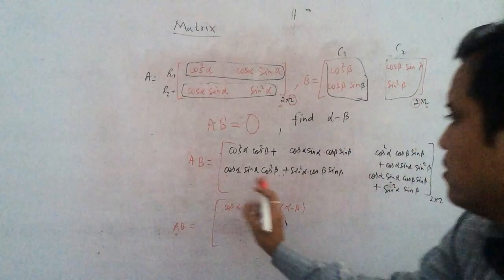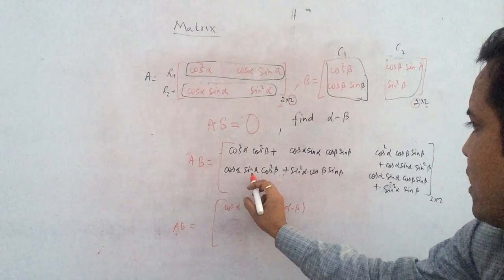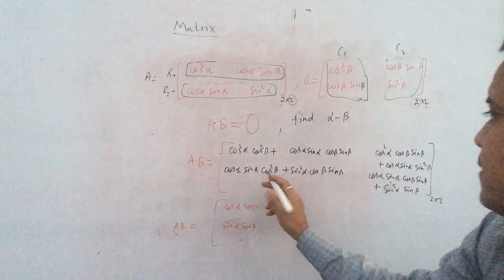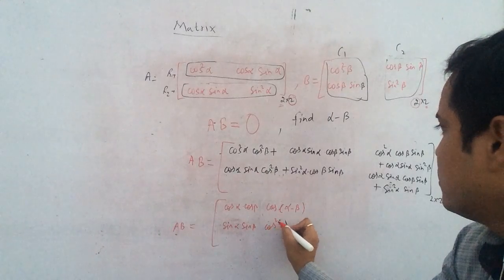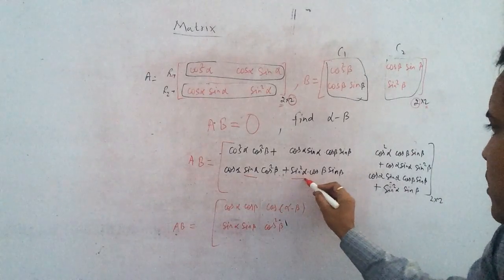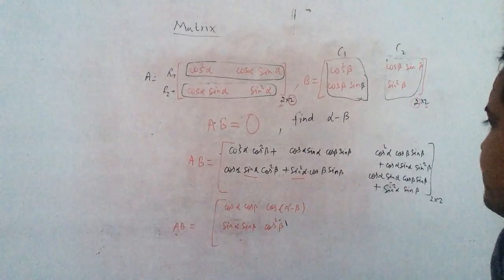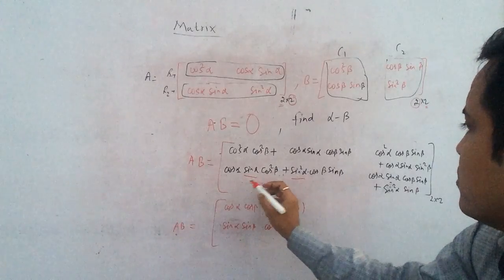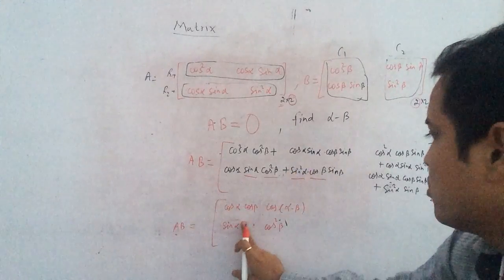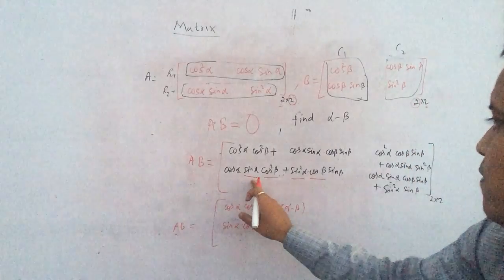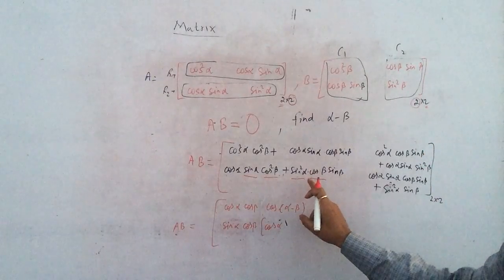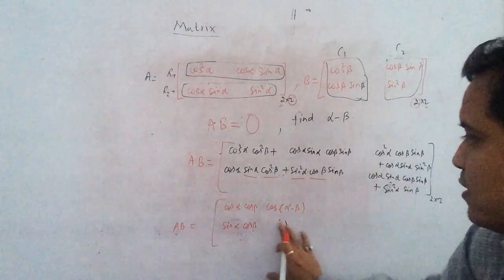Similarly, when you take common sin alpha and cos beta, you would get cos alpha cos beta plus sin alpha sin beta, cos A cos B plus sin A sin B, again cos alpha minus beta.